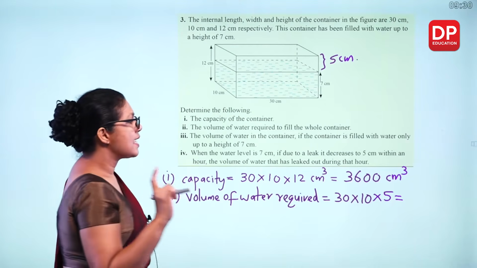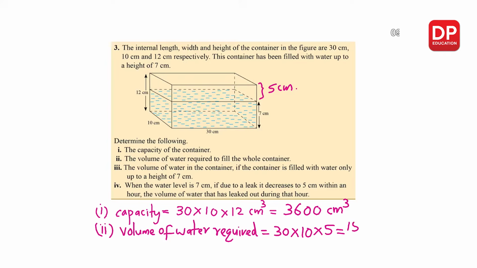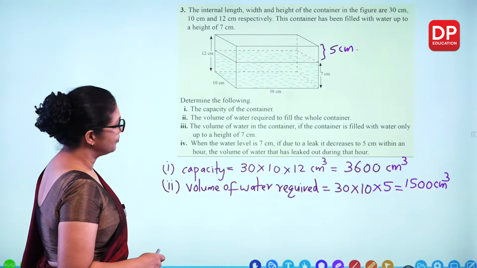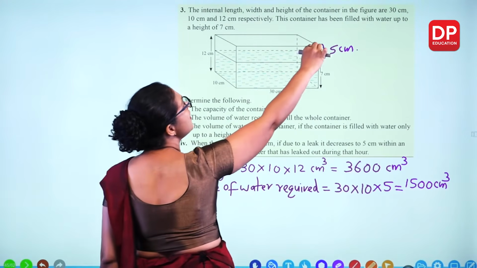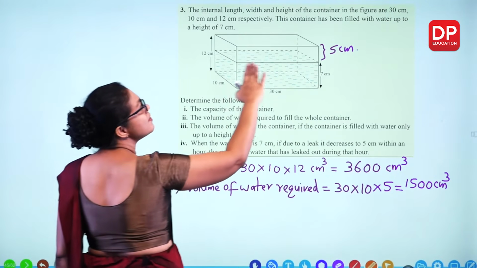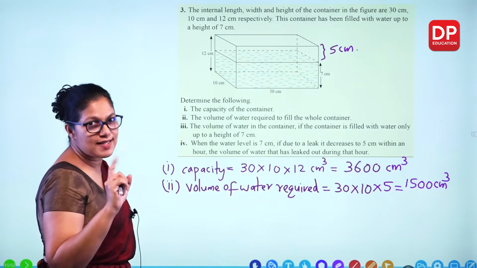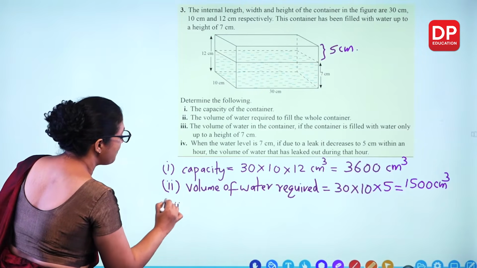So 30 times 5, 150, and put a 0. 1500 cubic centimeters. So this is the volume required to fill the other empty space. We assumed that already this is filled up to 7 centimeter height. Now look at the third part.